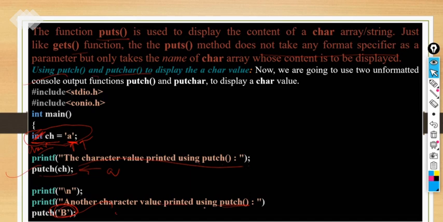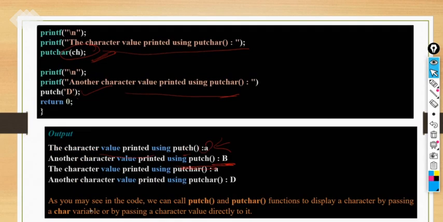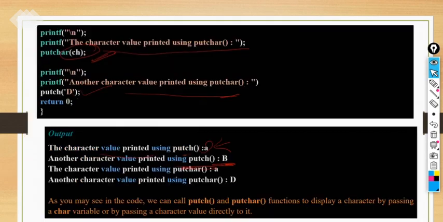You have used this putch now. If you are providing a variable, it will show you the value of that variable. If you are directly writing any alphabet or any character, it will print that also. So here we are trying to print that particular alphabet directly without taking any variable.